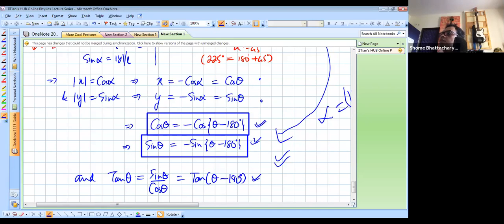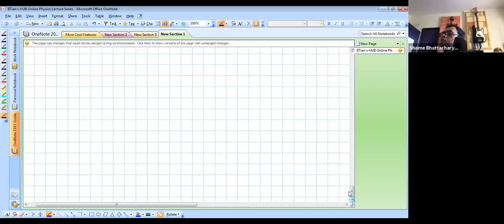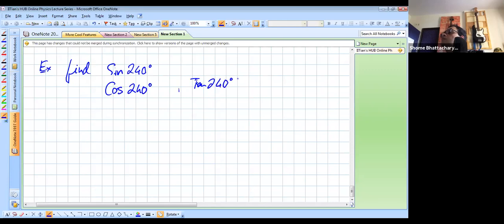Alright, so let's work out an example. We want to find sine of 240 degrees, cos of 240 degrees, and tan of 240 degrees. Just apply this formula quickly and work it out. Tell me how much you'll be getting here.